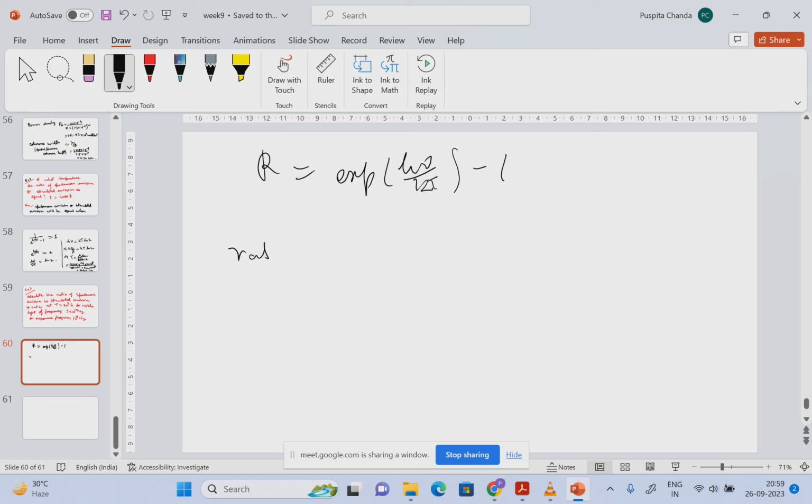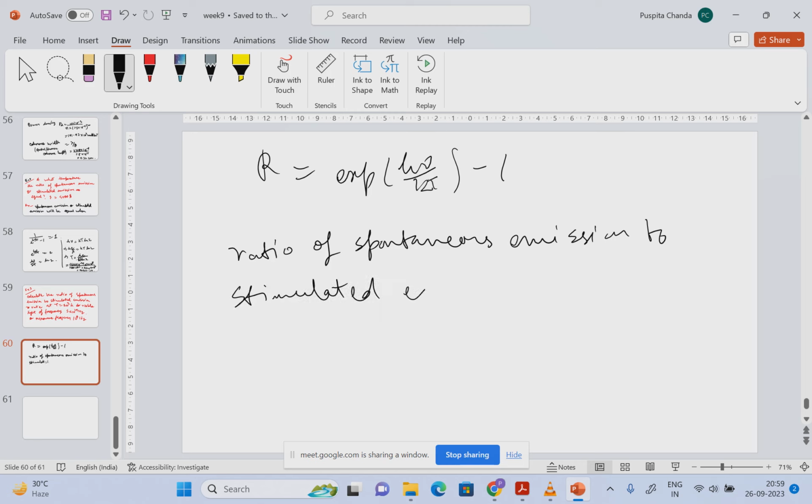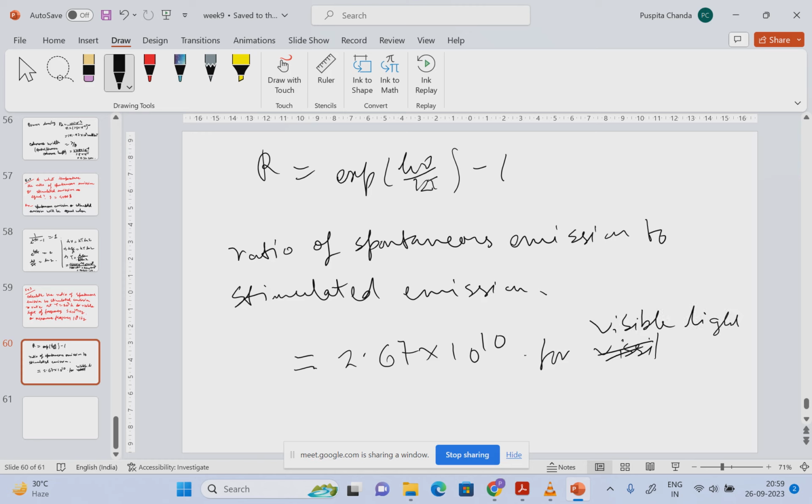So this will be 2.67 into 10 to the power 10 for visible light and 4.8 into 10 to the power minus 5 for microwave.